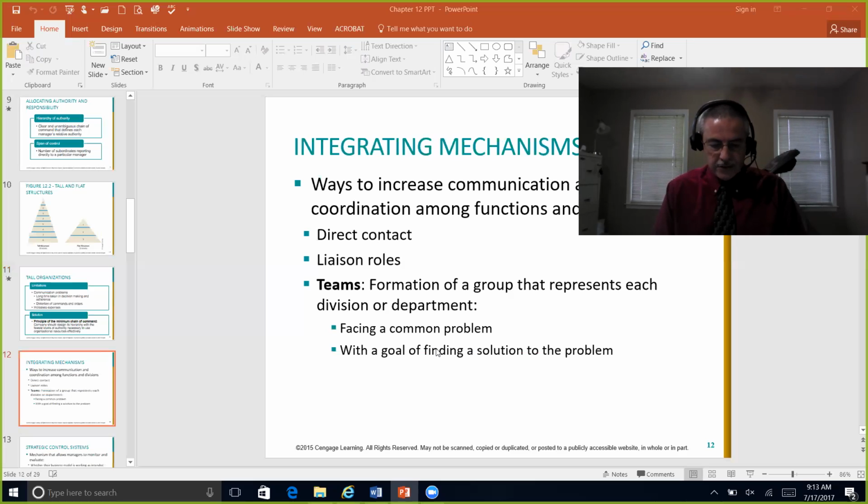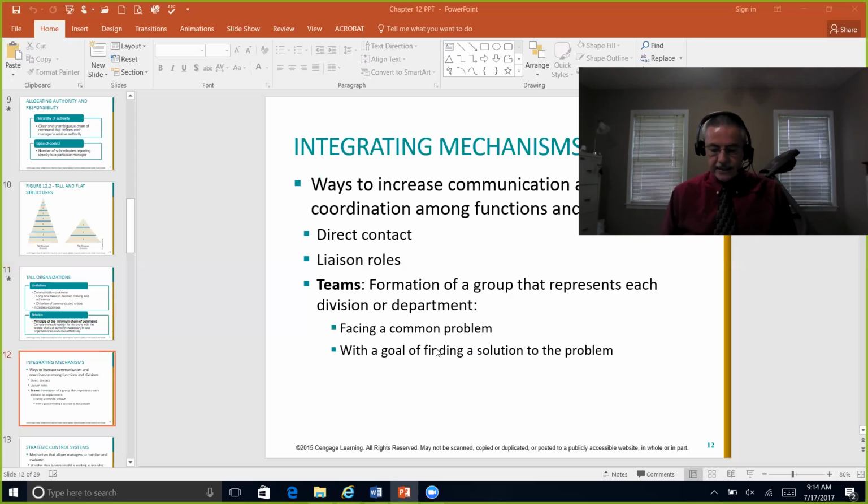Another way to do this integrating mechanism is through teams, where two or more functions may have ongoing problems or common problems, and where direct contact and liaison roles may not provide sufficient coordination.